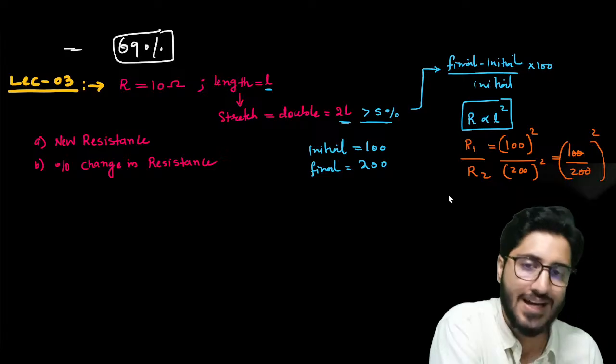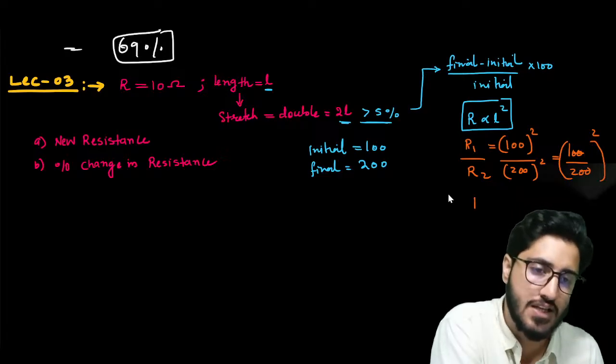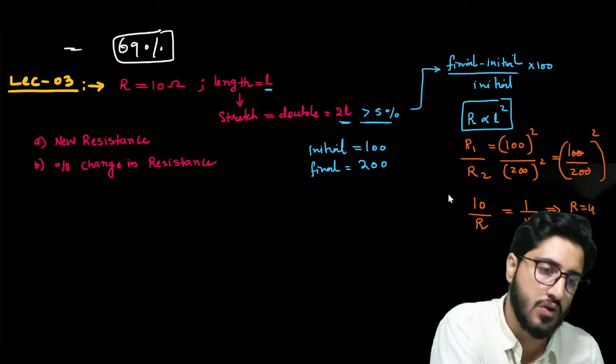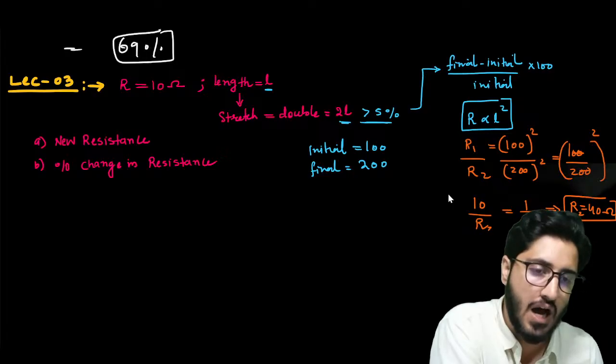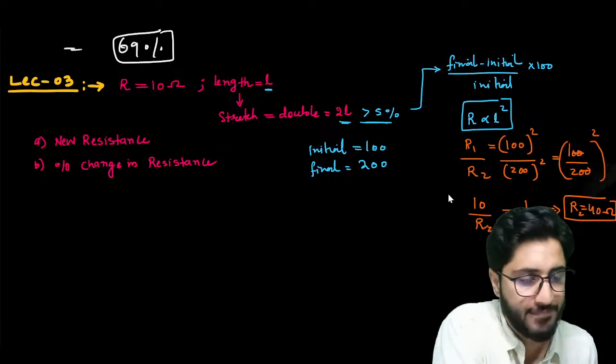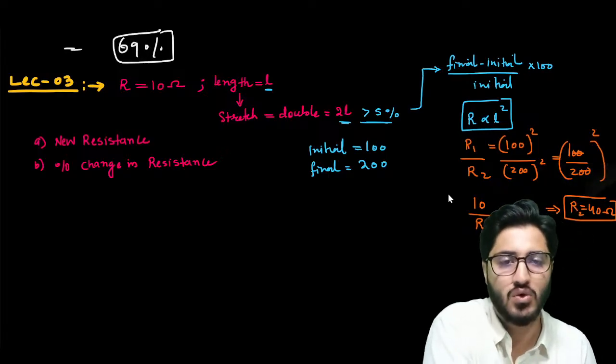Zeros cancel out, and R1 is how much? 10. So it is 10 by R2 equals 1 divided by 4. Therefore R2 came out to be 40 ohm. Easy?